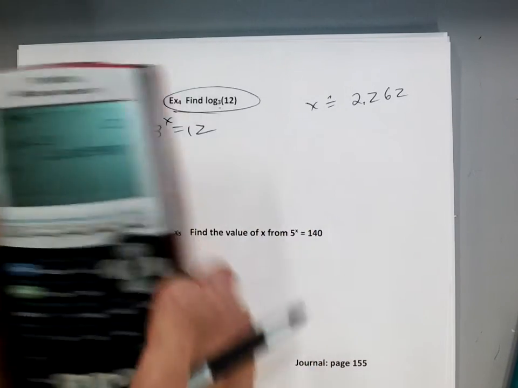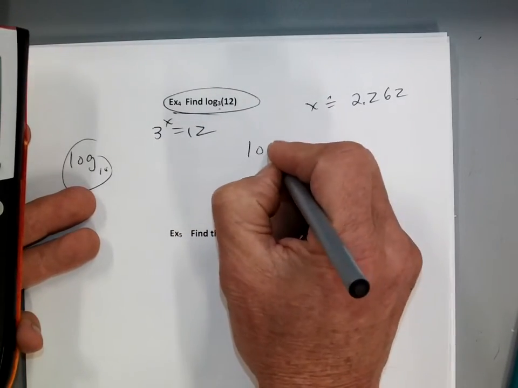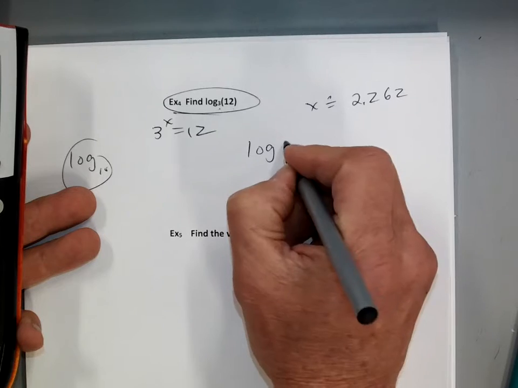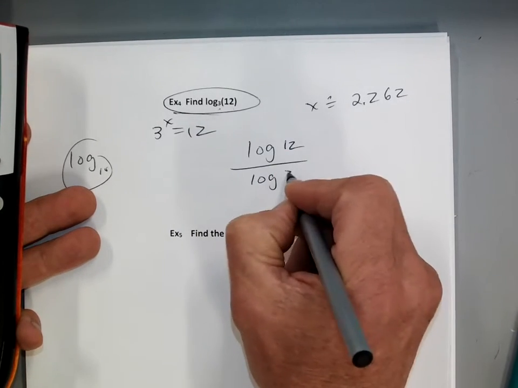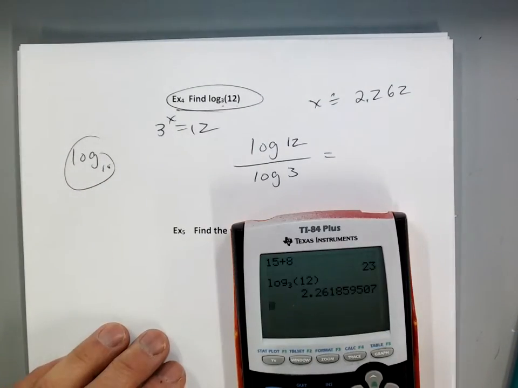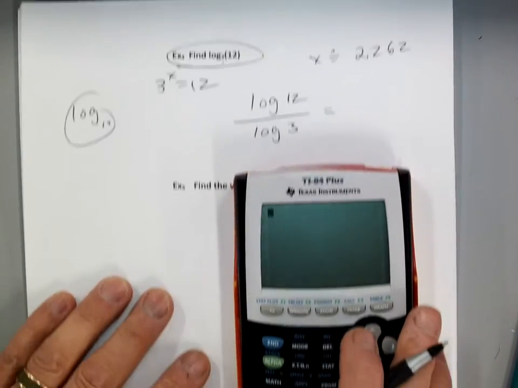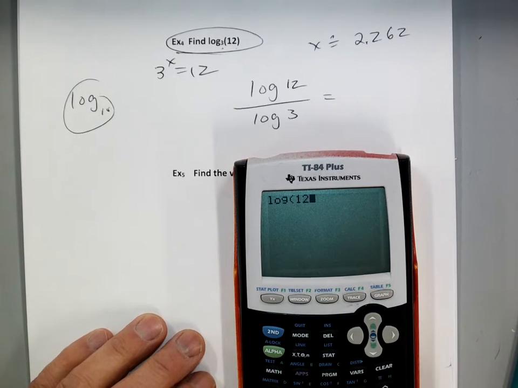You don't have a fancy calculator to do base 3. Well, you just do this. You go log of 12 divided by log of 3. Now, if you have a basic calculator on your phone, you could just go log 12, close the parentheses, divided by log 3.